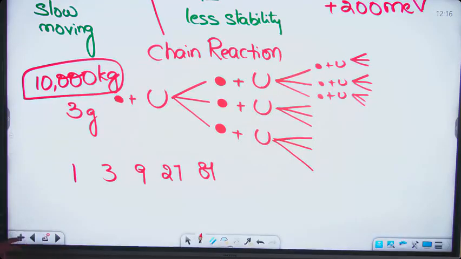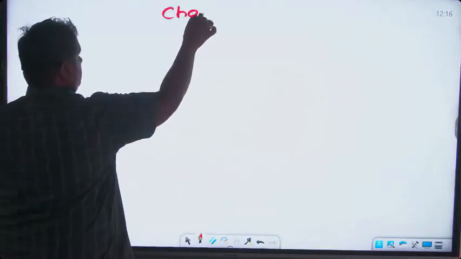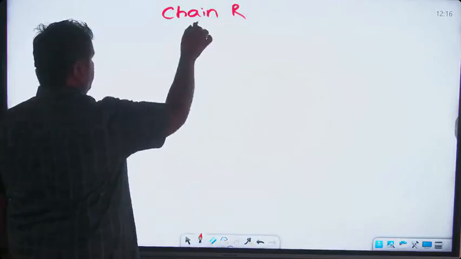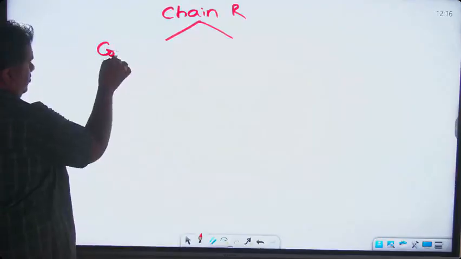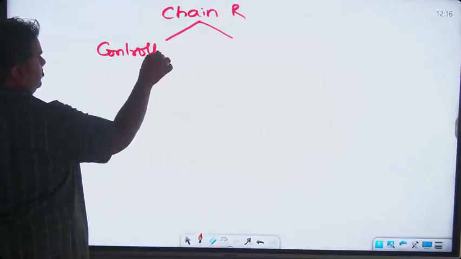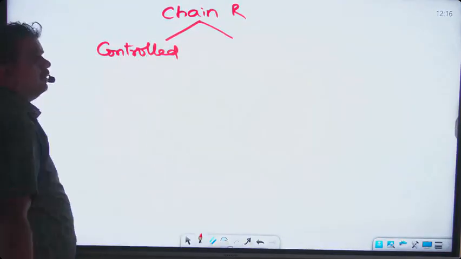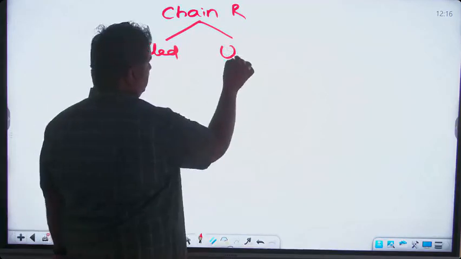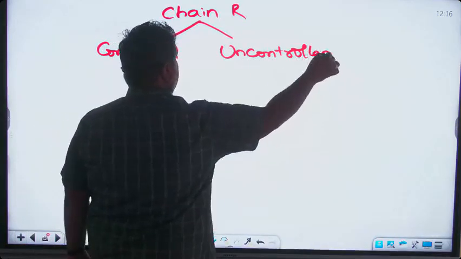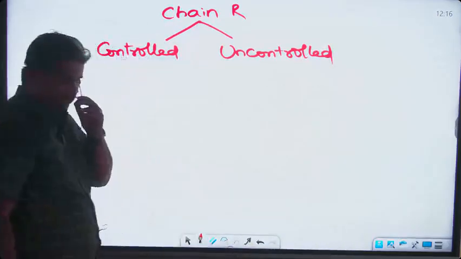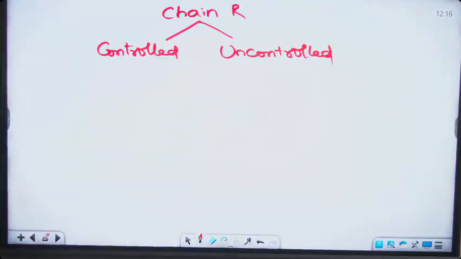Right. Now, the moment you're talking about the case of chain reaction, it is of two types. One, controlled chain reaction, and the other one, uncontrolled chain reaction.